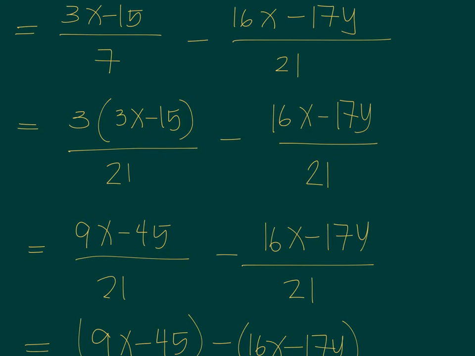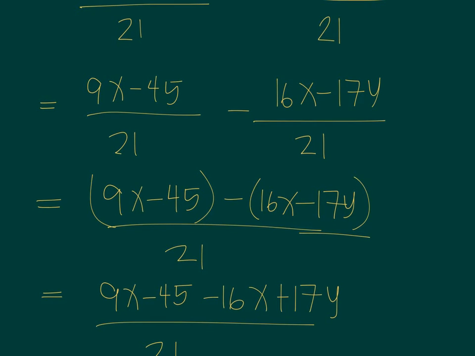So, by the way, you might want to multiply 3 to 3x and 3 to 15. So that gives you 9x minus 45 over 21 minus 16x minus 17y over 21. And finally, combine in the single fraction.